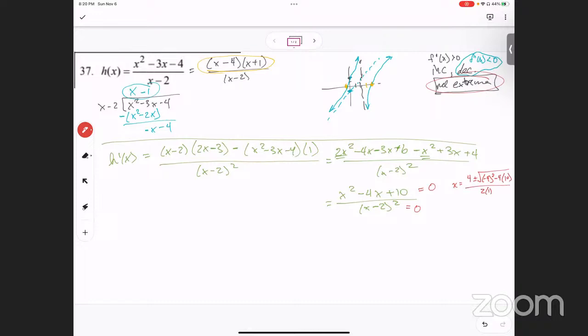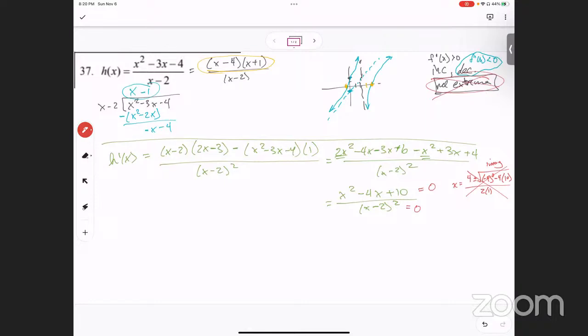And that's going to be a negative number under the root, so this is going to be an imaginary number. So there are no x-intercepts for the derivative, which means there are no relative extrema.